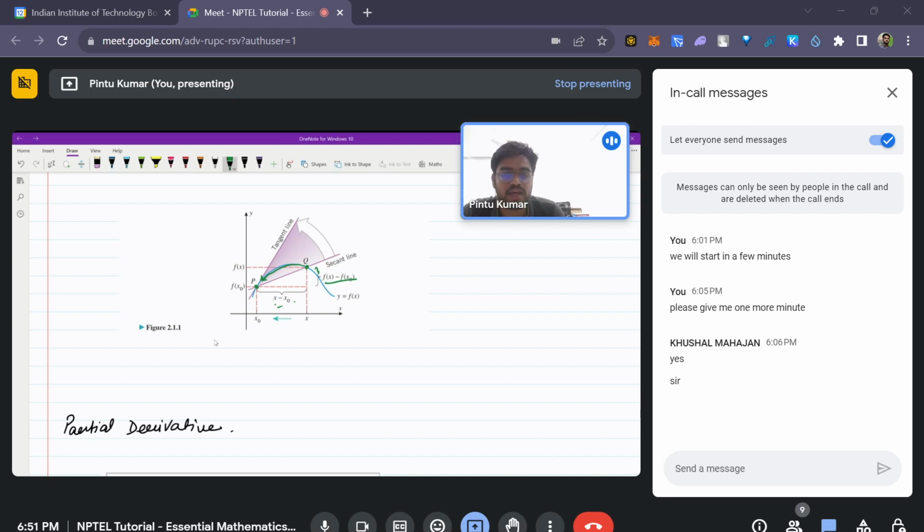And that's why we take the limit x tends to x naught, or in our case x tends to c. Okay, so this derivative, I think almost all of you know how to calculate the derivative of some function. You have been doing it since class 11th, right? So I won't solve questions based on derivative, but rather we can solve some questions based on partial derivative and those kinds of things.